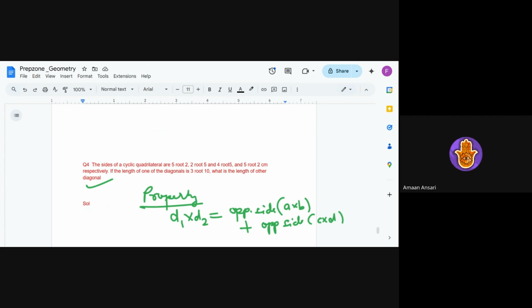3 root 10. Have you made a mistake somewhere? See.